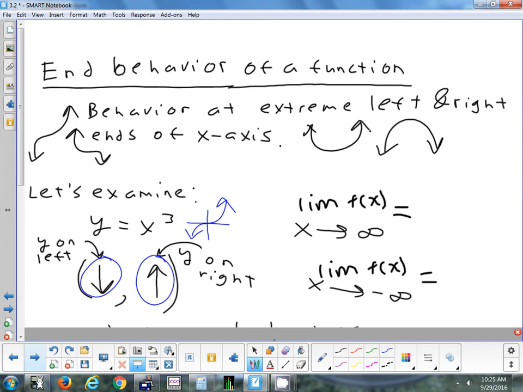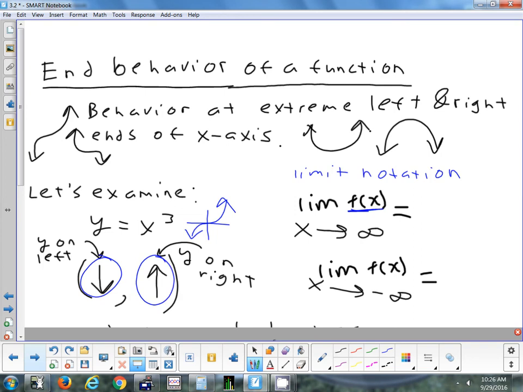The other notation you have is what's called limit notation. First I'll describe what it is simply, and then I'll pronounce it properly. What this is saying is, what is y getting closer and closer to as x is getting closer to infinity? So let's answer that question for this one.